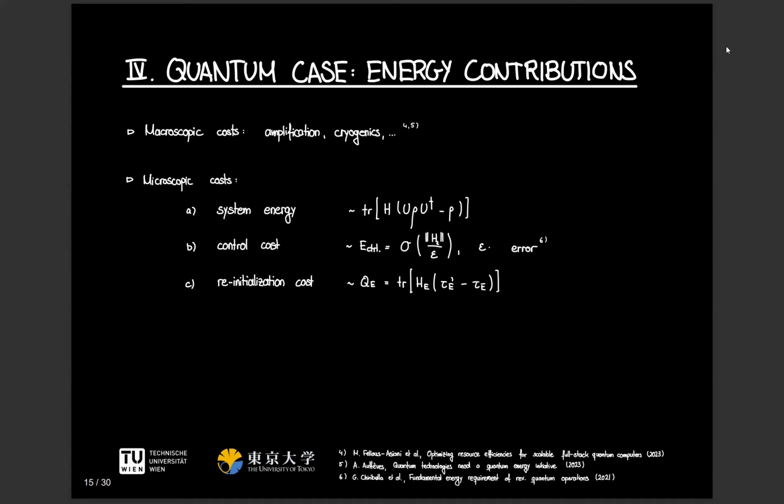So if you want to implement some finite approximation to a unitary operation, there are multiple models describing the required energy to do this. One possible way is to use the result by Giulio Chiribella, Renner, and Yuxiang Yang, which says that for a fixed error of the unitary, the control cost that you need to implement this operation, this overhead cost, is of the order of the Hamiltonian divided by the error.